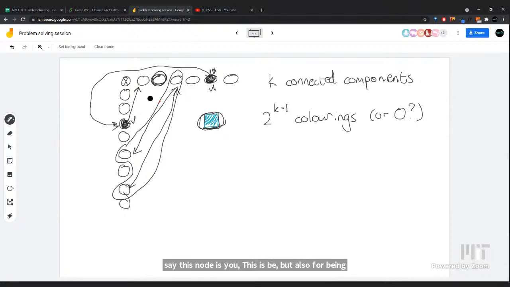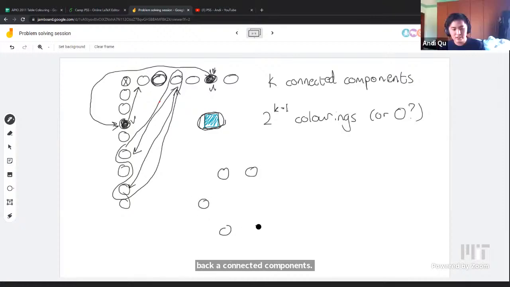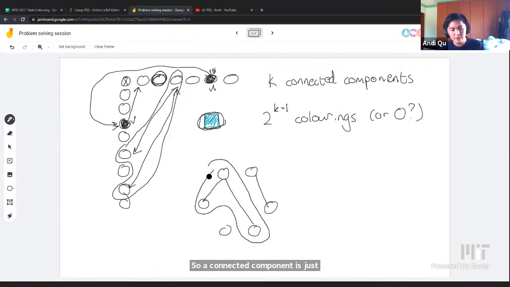Can you please tell this also, what do you mean by k connected components? Okay, so in a graph, you have a bunch of nodes and you can draw edges between them. A connected component is just a set of nodes where you can go from one to the other by only going on the edges.